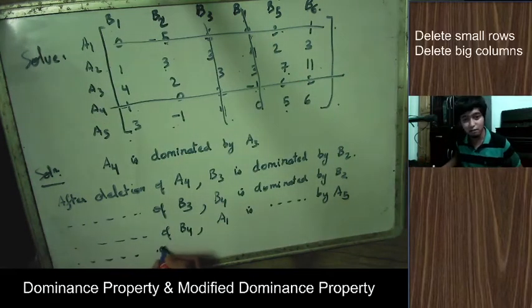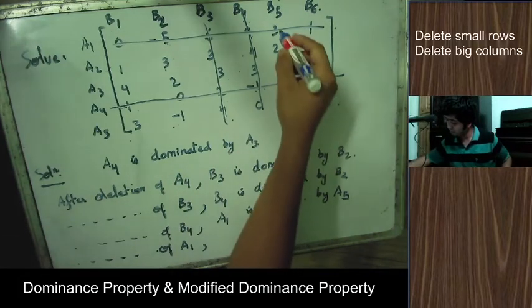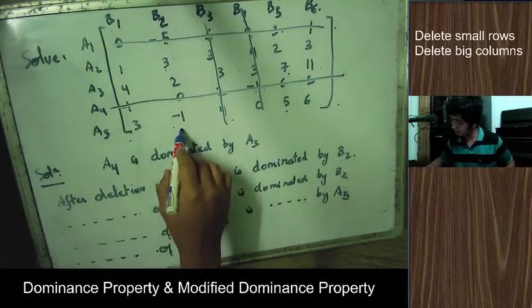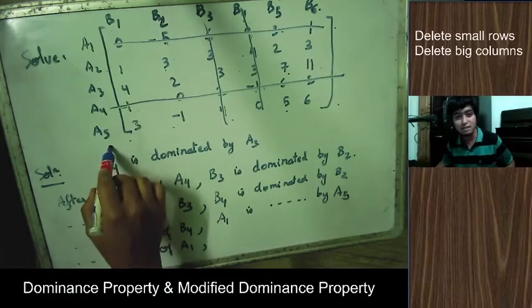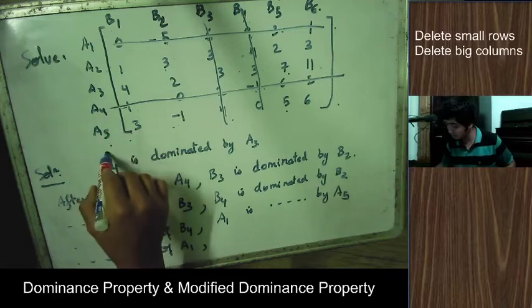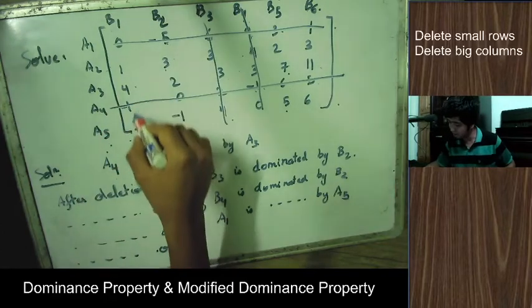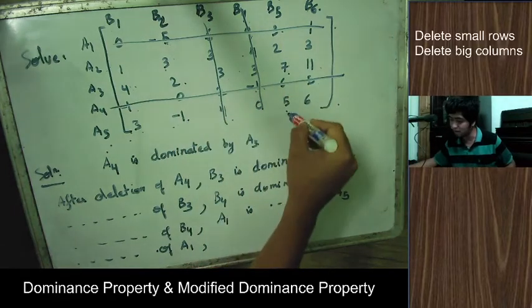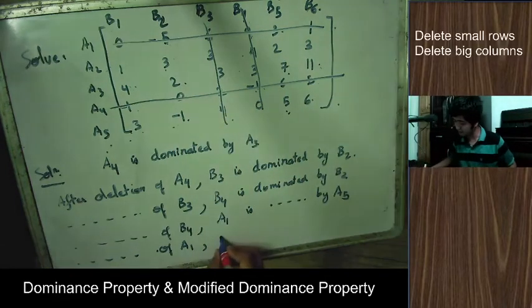After deletion of A1, let us check. 3, minus 1. Again, A3 dominates A5, because 4 is greater than 3, 2 greater than -1, 7 greater than 5, 11 greater than 6.